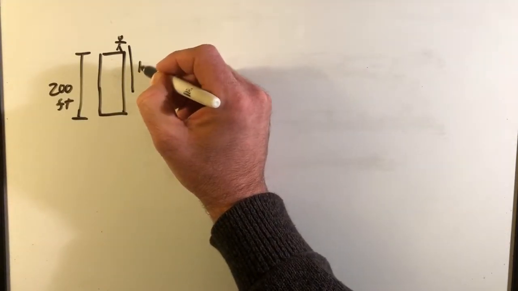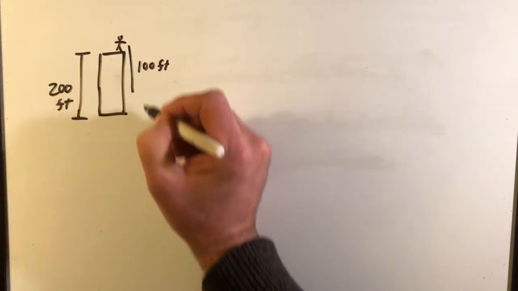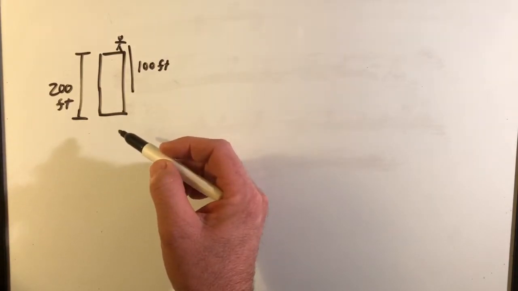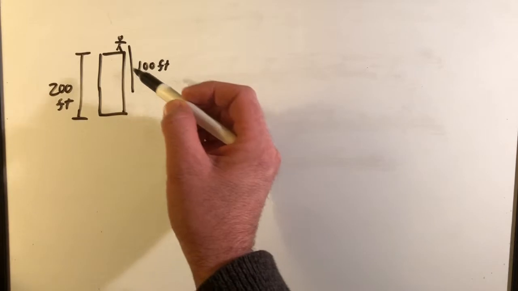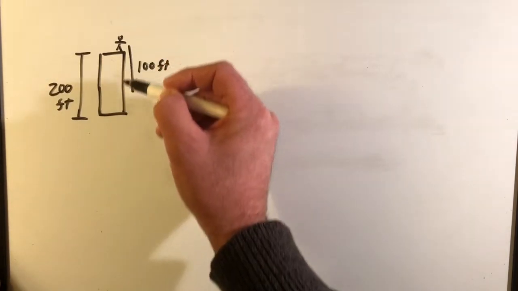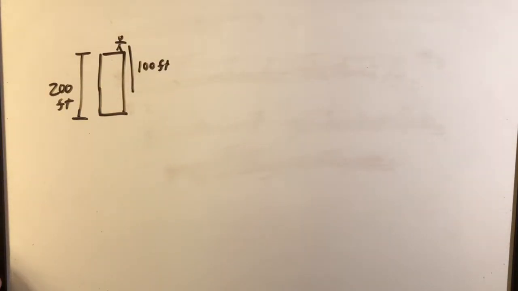Let's say the rope is 100 feet. As you pull the rope up to the top of the building, because you have some of the rope sitting at the top, the force you need to pull the rope becomes lower and lower as you pull more and more of the rope.